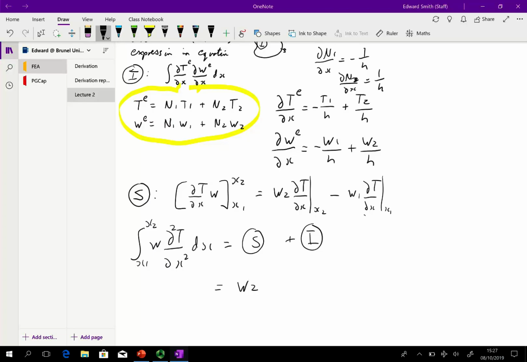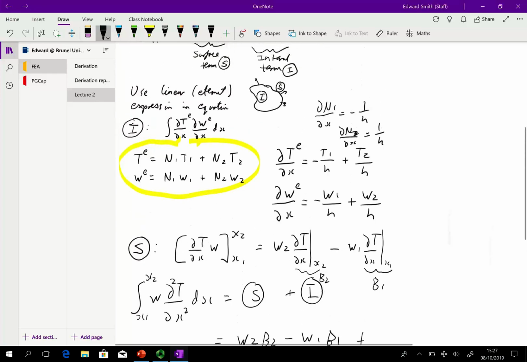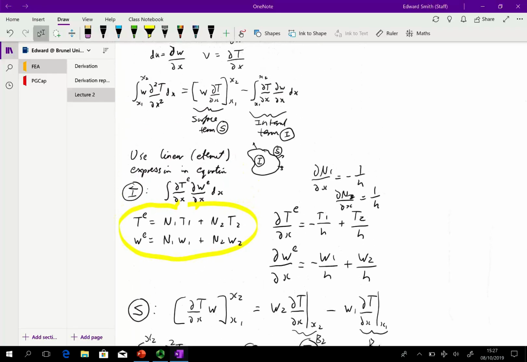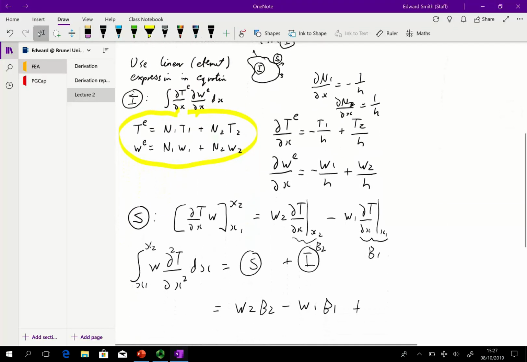Just for simplicity of notation, I'm going to call these boundary terms b1 and b2, just to save writing them out. But essentially we have plus the internal term here, which we had from above, which was approximated using these two expressions.